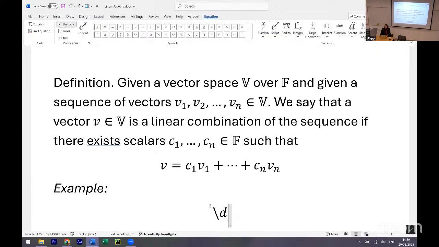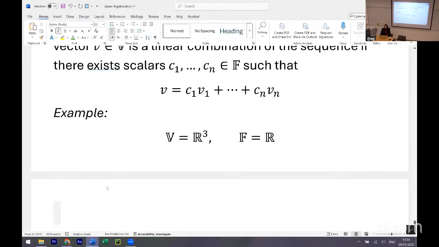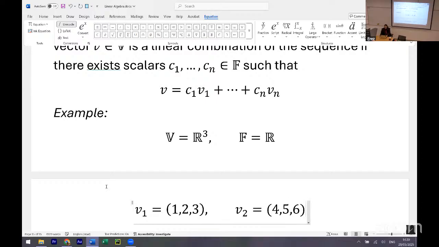Say the vector space is R cubed and the field is the reals. The sequence would be v1 equals (1, 2, 3) and v2 equals (4, 5, 6).